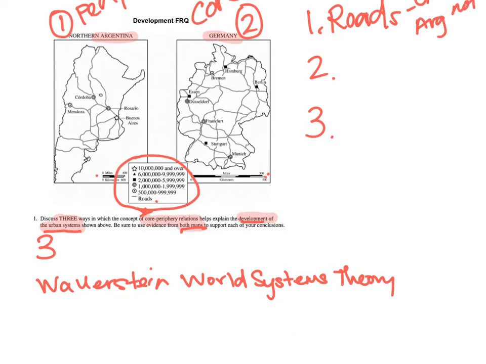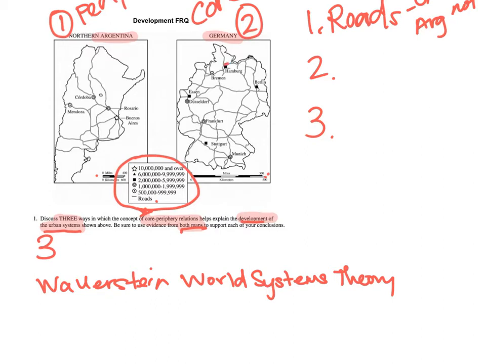The second thing I notice is the cities. Germany's got a lot more large cities. If I look at the populations of these cities, it looks like the biggest ones are these little squares.